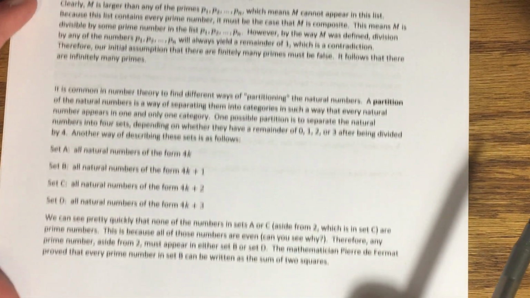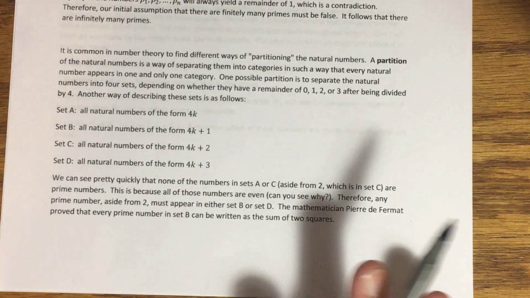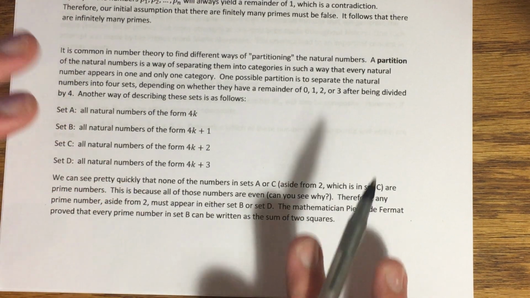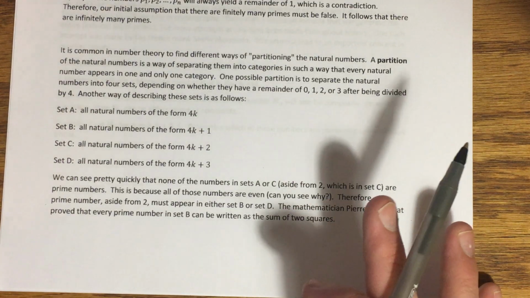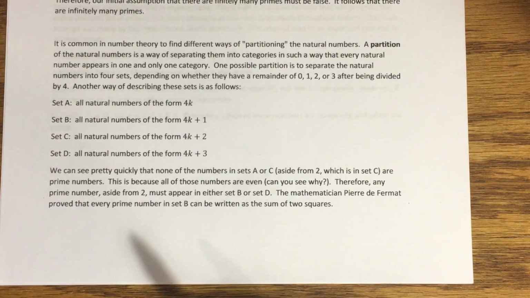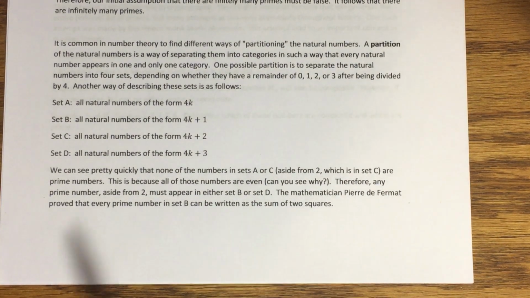Okay, so we're going to shift directions a little bit. What we're doing here is we're trying to look for different ways of categorizing prime numbers, understanding them on a deeper level. Something that's done a lot in number theory is called partitioning, specifically partitioning the natural numbers.